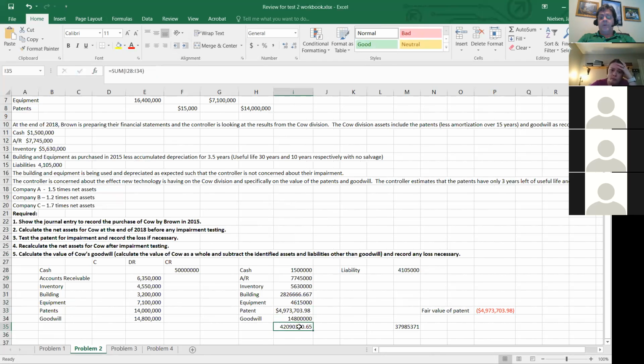It just updated when I stuck in the new patent value. This number still subtracts out the liability, and we get 37,985. Okay. All right. So that is the answer to 4, the net assets for Cal after we did the impairment testing on the patent.